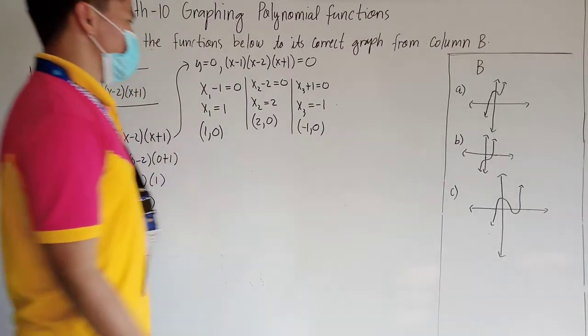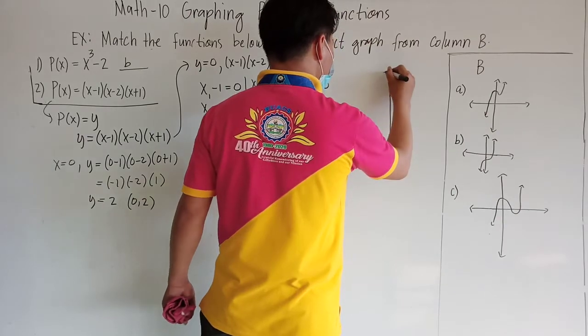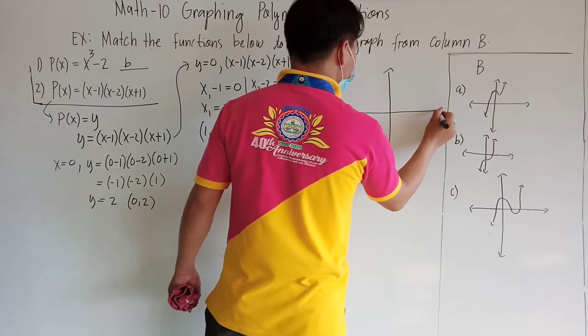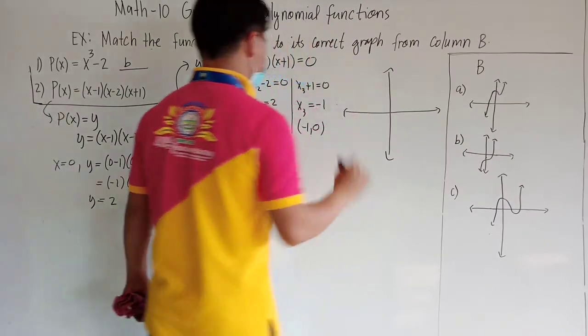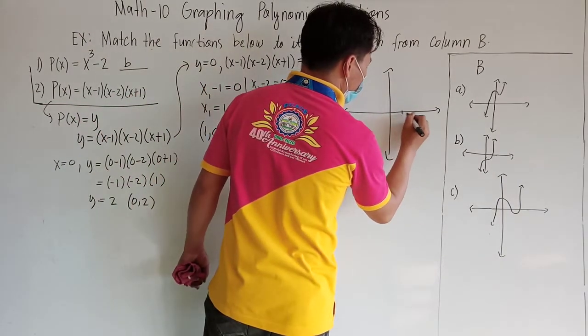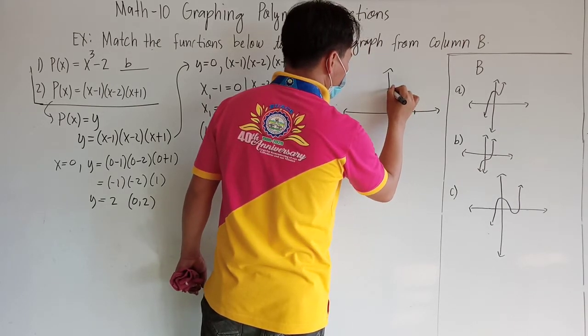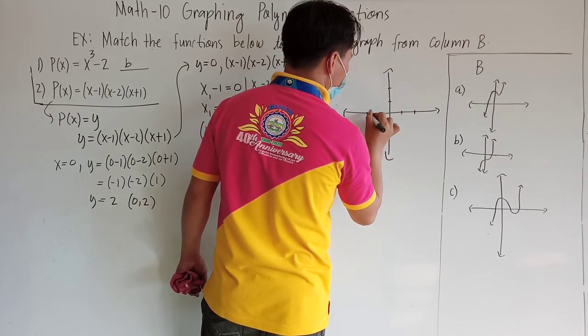Okay, let us now use the rectangular coordinate plane to plot these points. Okay, so the highest is 2 only. We have 1, 2, 1, 2, 1, and 2.